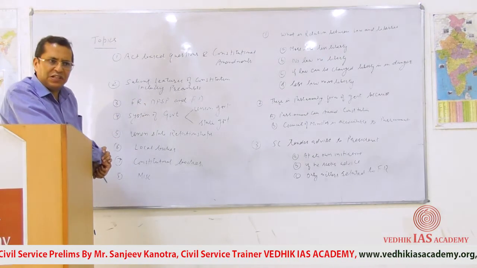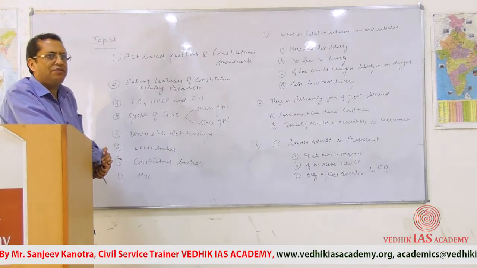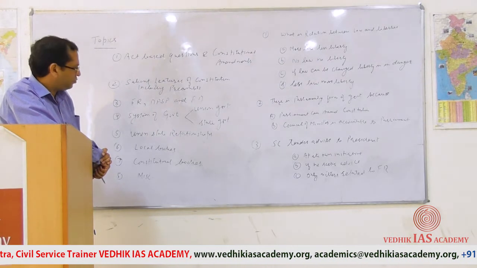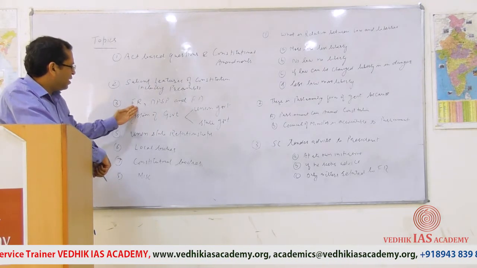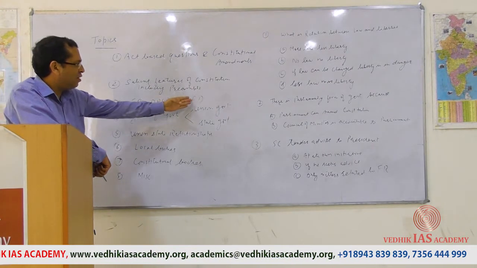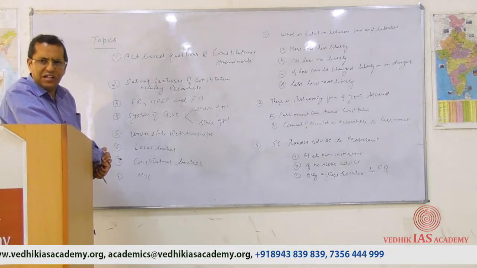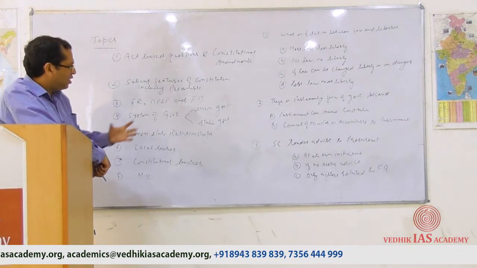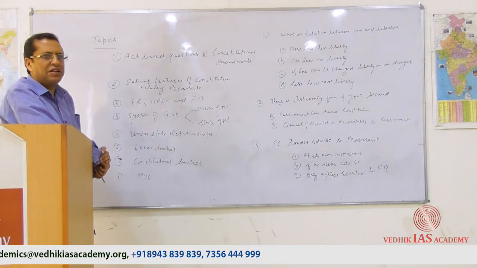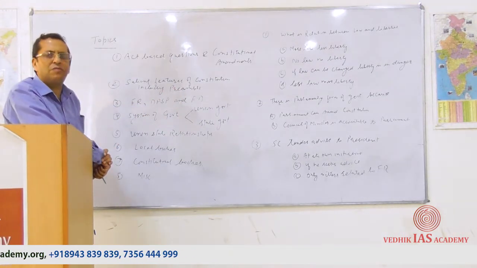For the last 10 years, we got approximately 15 questions from this segment. Then fundamental rights, directive principles of state policy, and fundamental duties. This is an important segment, and in the last 10 years, we find that there were approximately 30 questions from this segment.